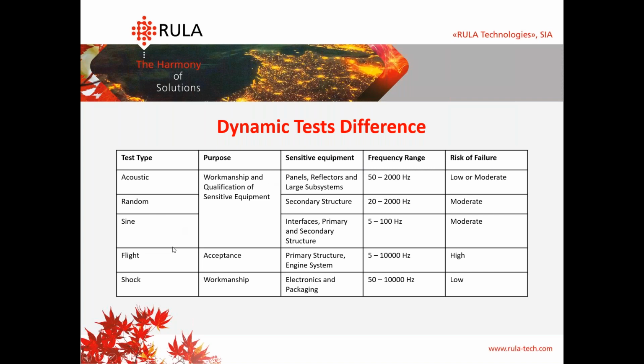So looking at this table, you can see that during the sine test, we will check the workmanship and qualification of sensitive equipment. Sine test will be running at the frequency range of 5 to 100 Hertz.